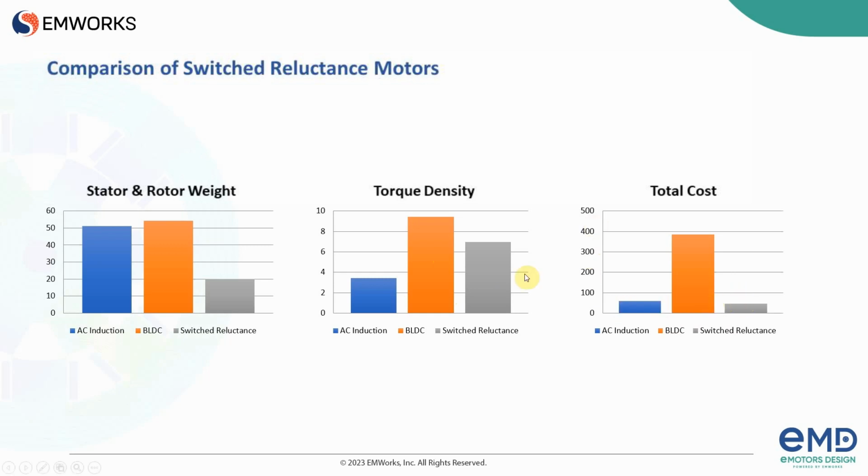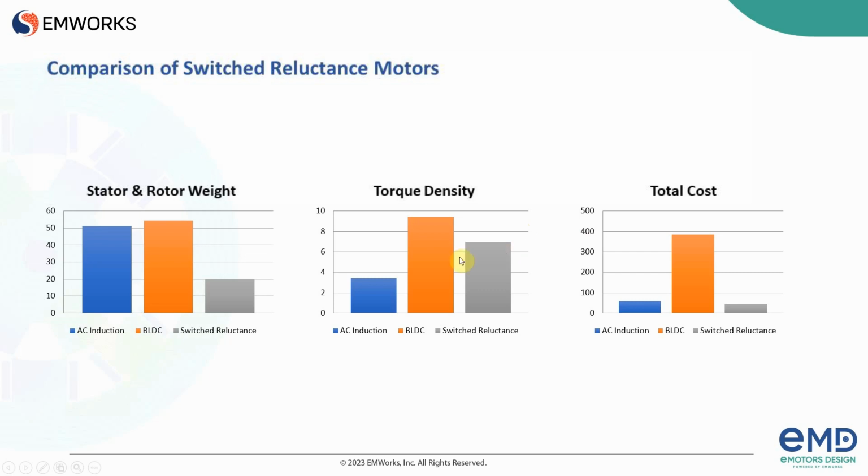But still, switch reluctance motors have higher torque density, almost twice that of induction motors. So in applications that need high torque density, like automation and aerospace, we can use SRMs and BLDCs instead of induction machines.